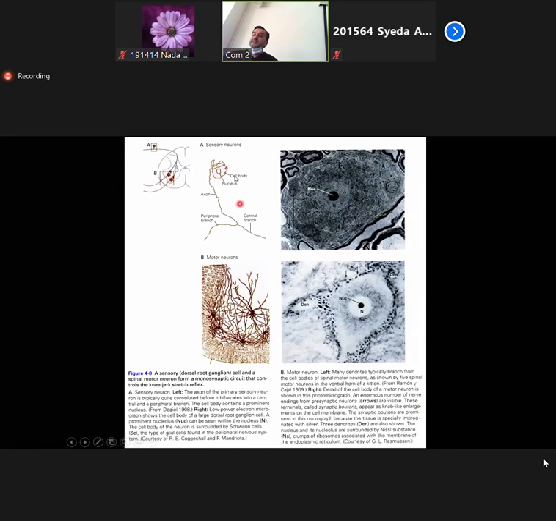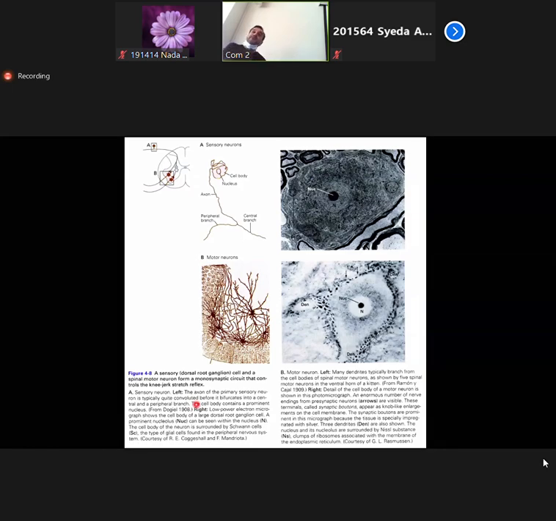And if you look at these neurons in terms of their shape, the dorsal root ganglia neurons are quite convoluted type of neurons. Their axons are quite convoluted. They have a big cell body, then the axon is convoluted, and then it divides into one single axon, which is coming out, and is going to divide into two processes. One is the central process, the other is the peripheral process.